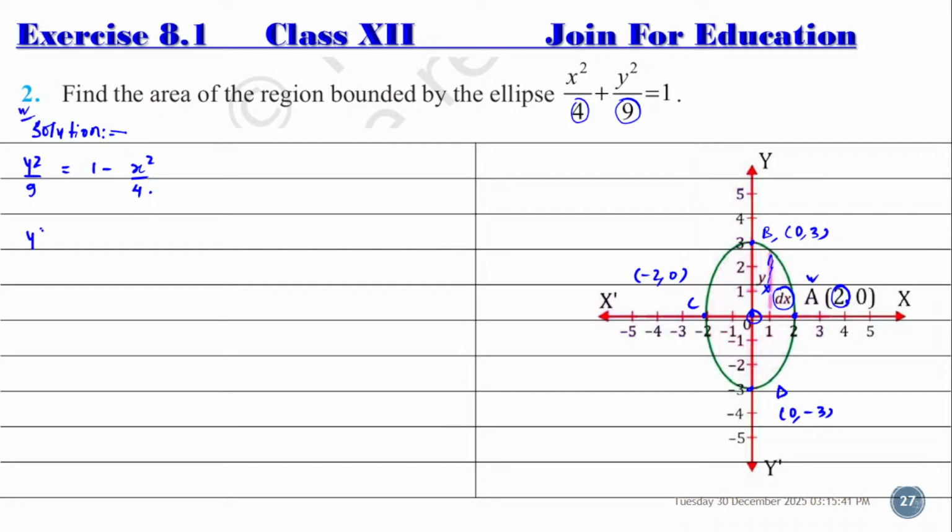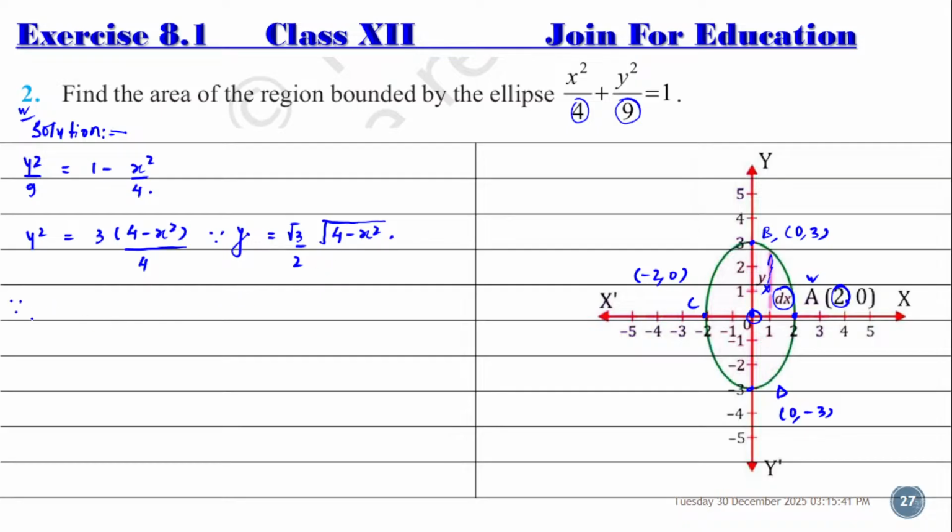and y square equal to, write down here, 9 into 4 minus x square by 4. Therefore, y equal to 3 by 2 square root of 4 minus x square. Is there any problem to understand up to this step?